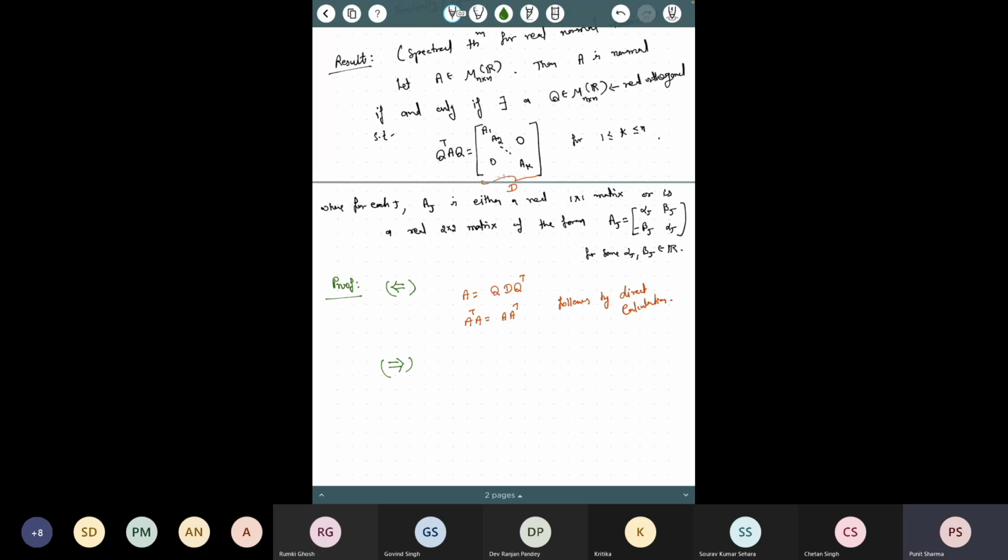Now can you give me a start for this direction? How can we start the proof for this direction? Any idea?